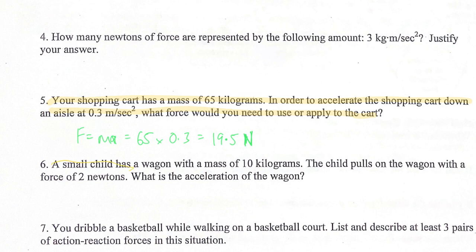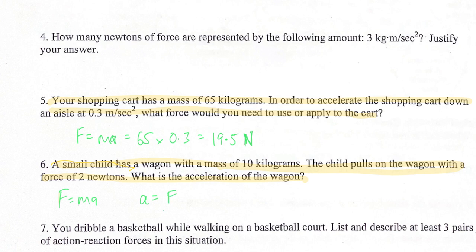A small child has a wagon with a mass of 10 kilograms. A child pulls on the wagon with a force of 2 newtons. What is the acceleration of the wagon? So we've got to use this force equation again. But we have to rearrange it, correct? So what is the rearrangement? We want to have A. So how do we rearrange that equation, Taj?